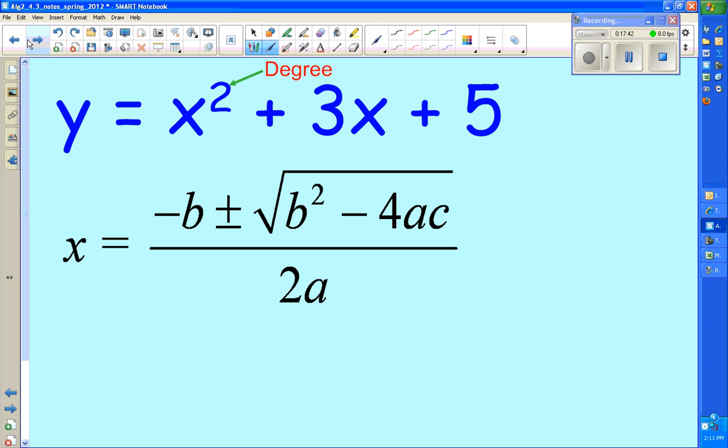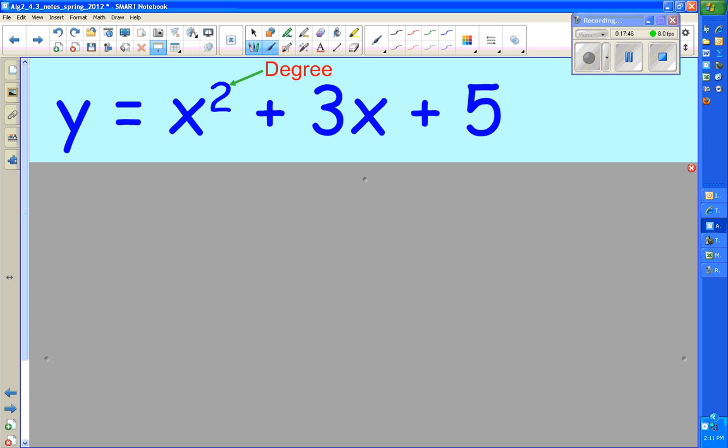How does this factor? How does this one factor? It can't. There are no factors of 5 that add up to give you a 3. So we are without the ability to find the x-intercepts or roots or zeros.